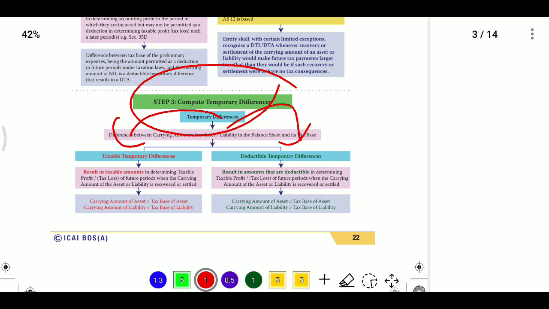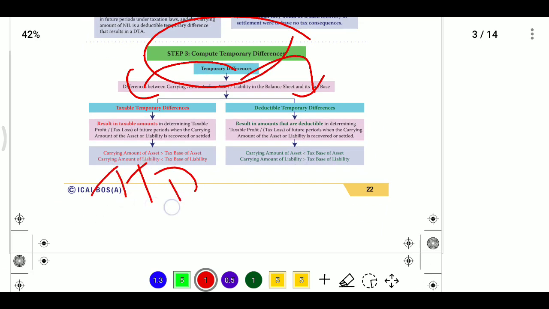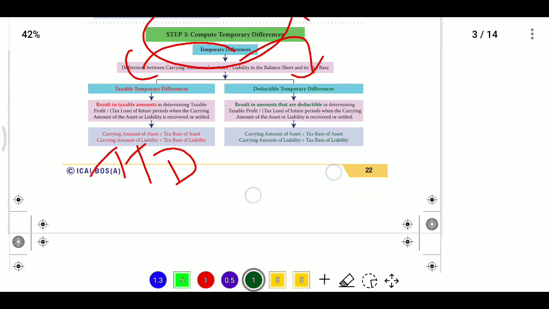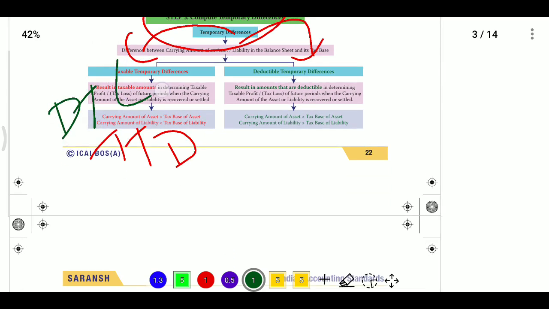Taxable temporary difference means it leads to additional payment of tax in future. So taxable temporary difference means we need to pay that amount in future. Deferred tax liability is created on a taxable temporary difference. If it is a TTD, we need to create the DTL, deferred tax liability.